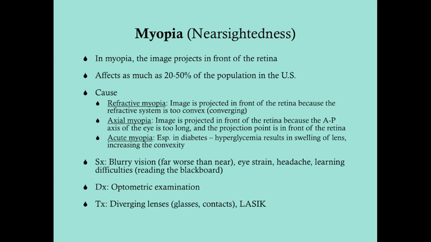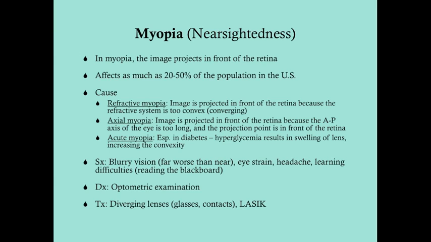It's too converging. So the image is converging before it gets to the retina, and so it's projected before the retina. So if you think of rays going through a lens, it converges too quickly, and so it's projected in front of the retina. That's refractive myopia.